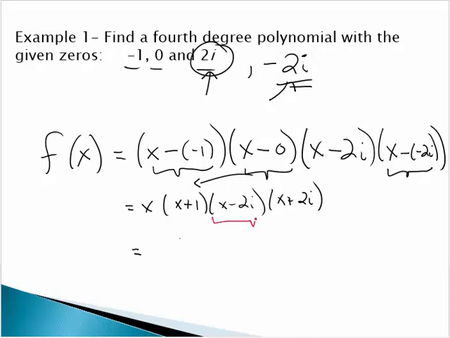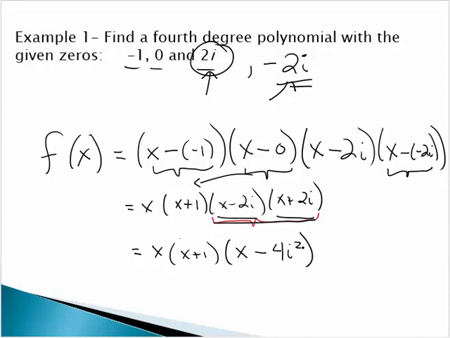However, we don't want these complex numbers in the polynomial, right? And we can actually take care of that rather easily. X times x plus 1, and I can multiply these two guys, right? In this case, it's easy to do. I don't need to FOIL that because I'm multiplying two conjugates.